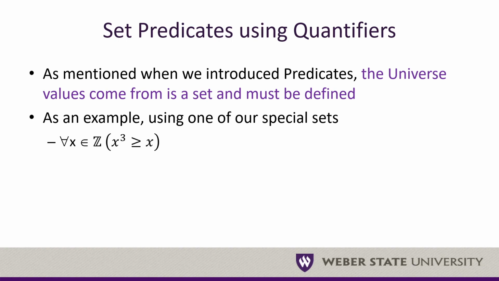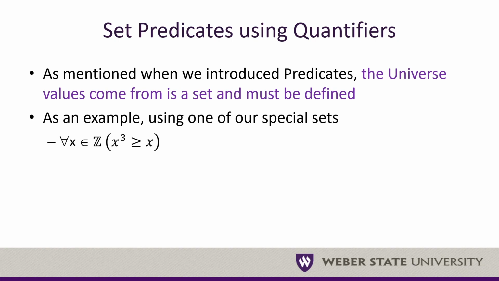Once we say that, we now have a predicate, and a quantified predicate has a value. This one happens to be true, false. Yes, true or false. It would be false because what's negative 3 cubed? Negative 27.